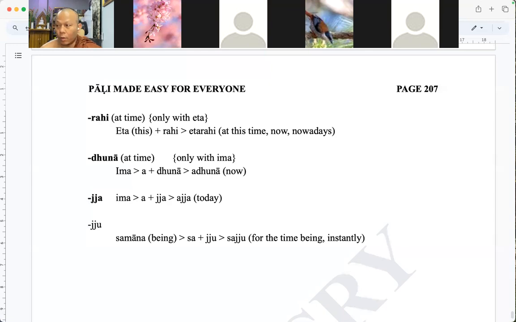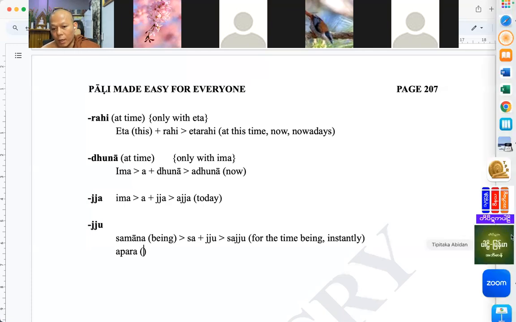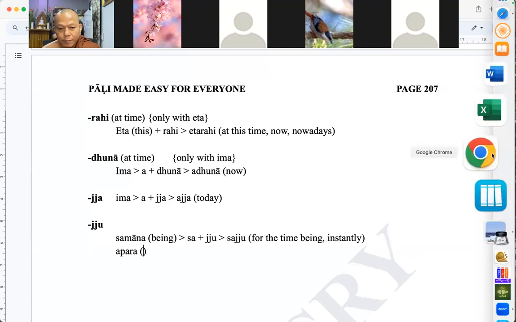So instantly, or right time. So right now also. Okay. For the time being, in this way. And then the other one is abara. Abara means maybe another, or father.